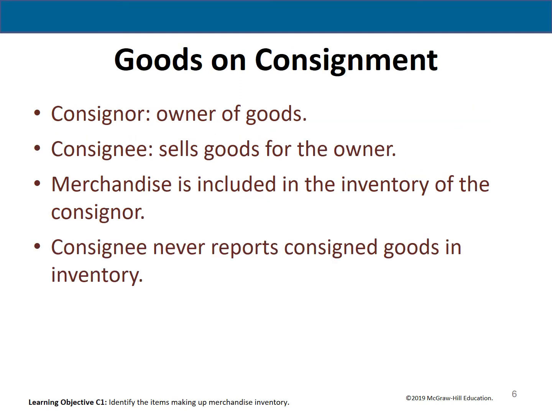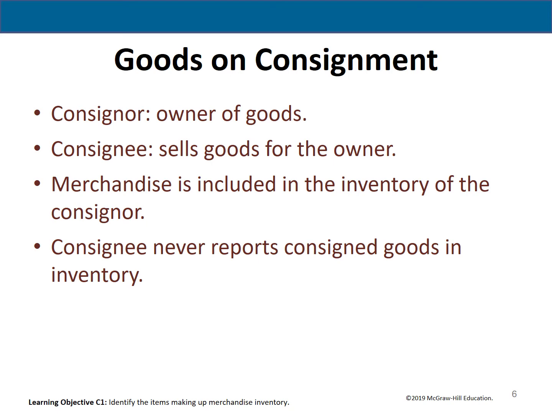Goods on consignment. You see all these little consignment shops around, and just to get an understanding of what a consignment shop is, it's just a physical location for different owners of goods to have their goods on display, and someone who owns the actual shop sells them.